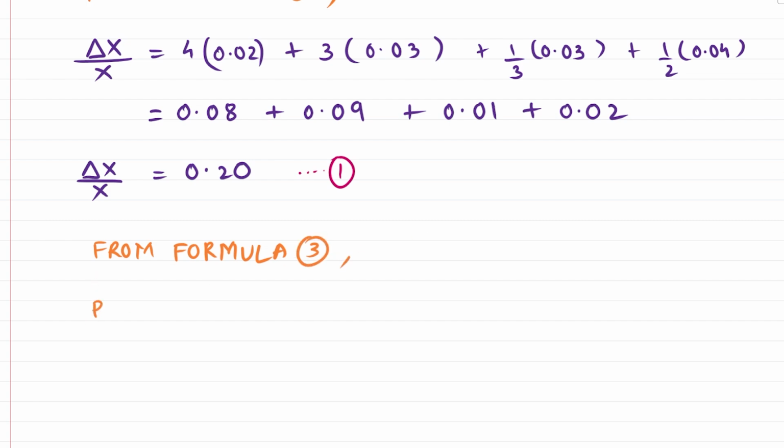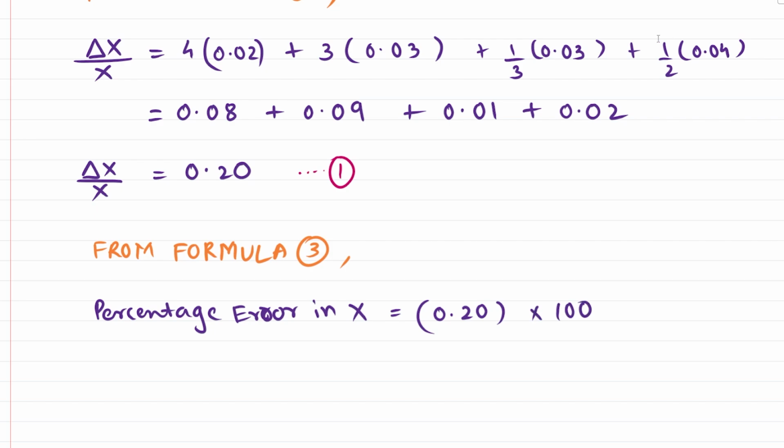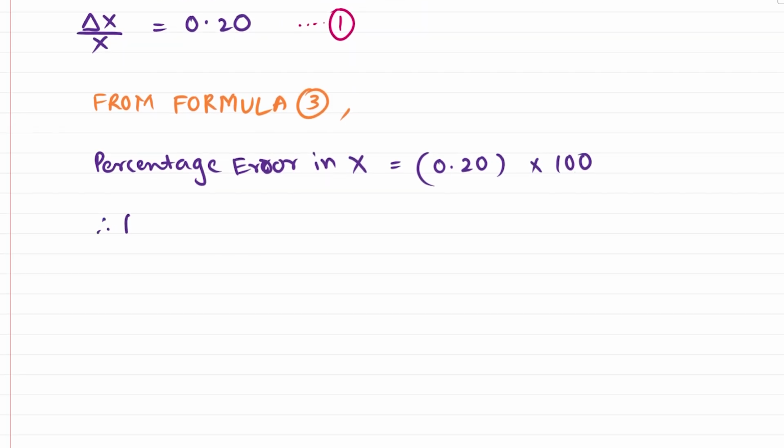So percentage error in X is equal to relative error in X, that is delta X upon X, which we have just calculated as 0.20, into 100. So we get therefore the percentage error in X will be 0.2 into 100, that is 20%.